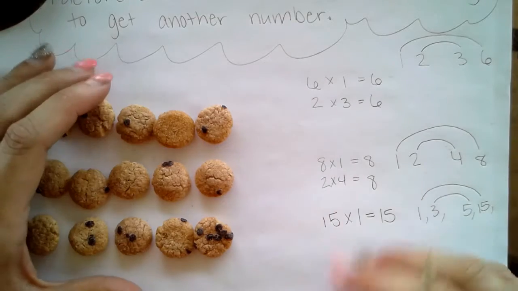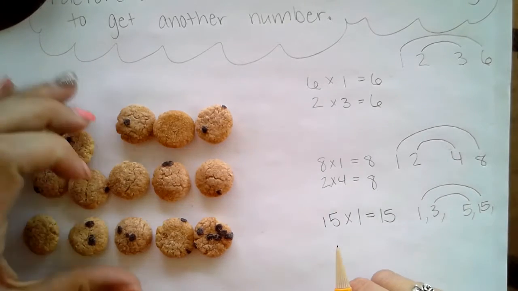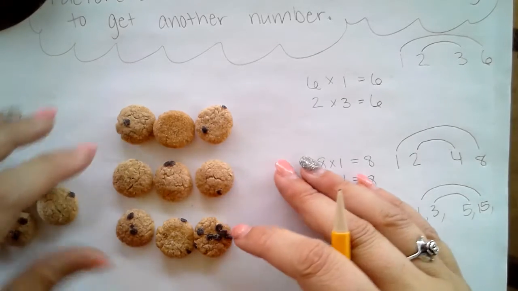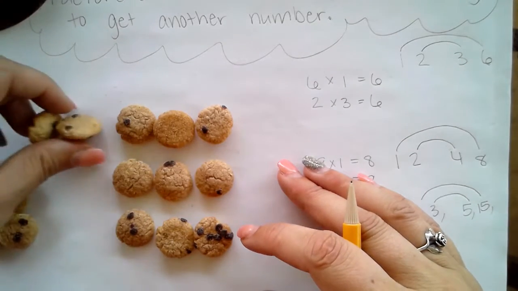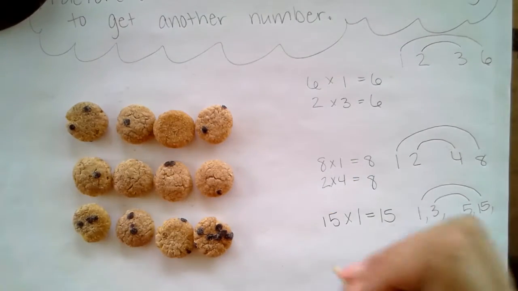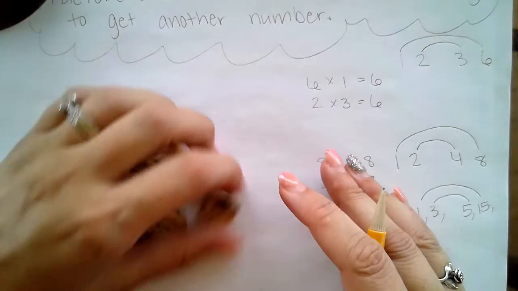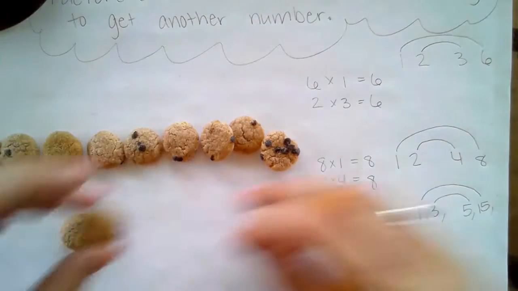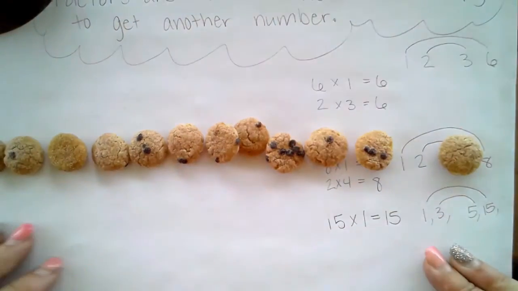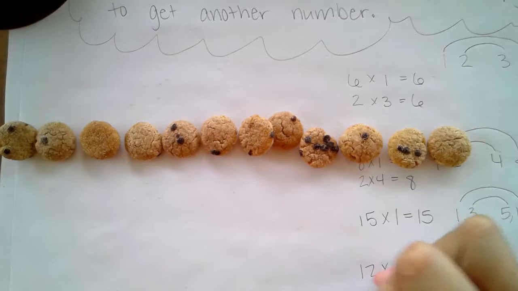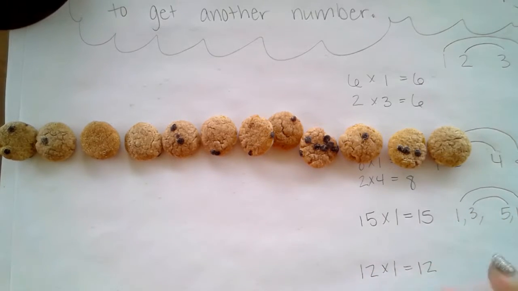Let's try another number. Let's try 12. So there's 9, 10, 11, 12. Let's do 12. I know if I put them in one long line, that represents 12 times the 1, which equals 12.